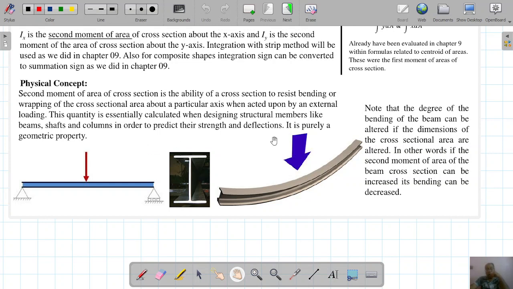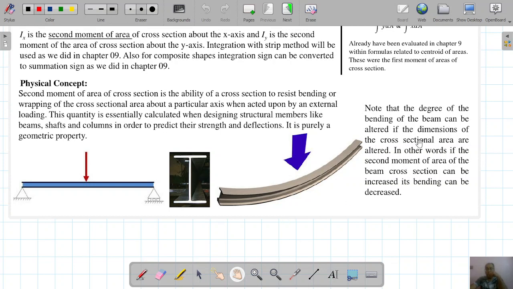And again, remember this quantity, the second moment of area, is a geometric property, which means it depends on the geometry of the cross section. It will vary from one cross section to another. A better and more precise cross section will have a higher moment of area, while a bad cross section will have less resistance to bending.